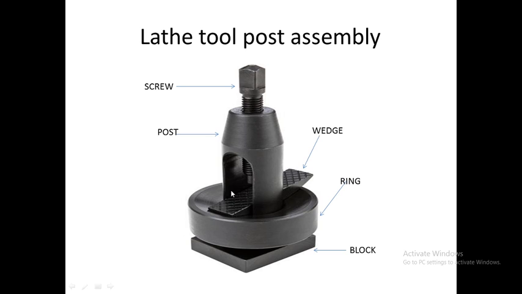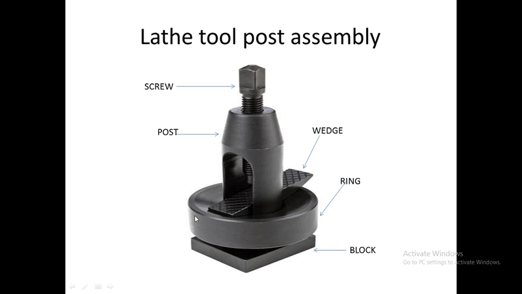When we insert the cutting tool inside the post from this hole, it will rest on the wedge. So this surface of the wedge is used to provide a resting surface for the cutting tool. So when we insert the cutting tool, it will rest on this surface. Now in order to hold the cutting tool, we will use this screw.